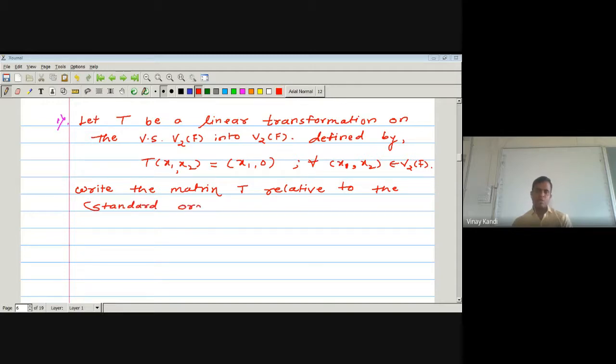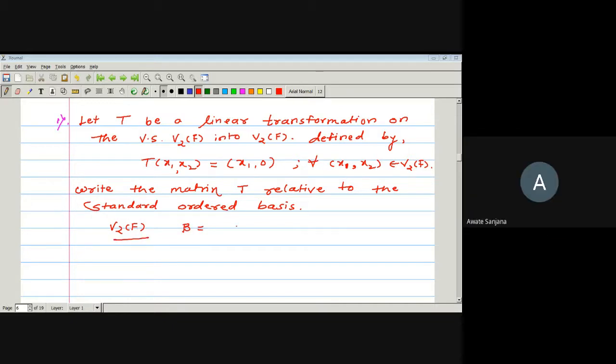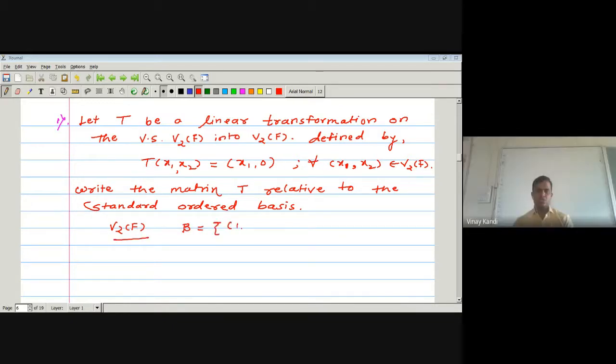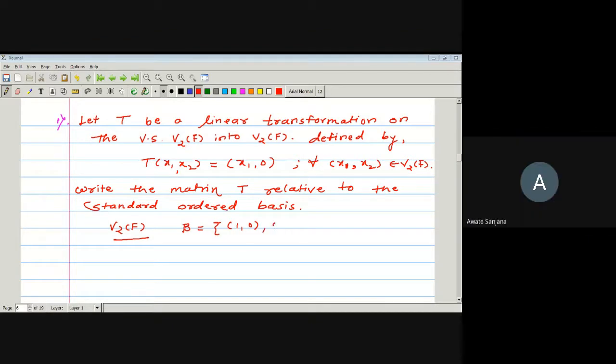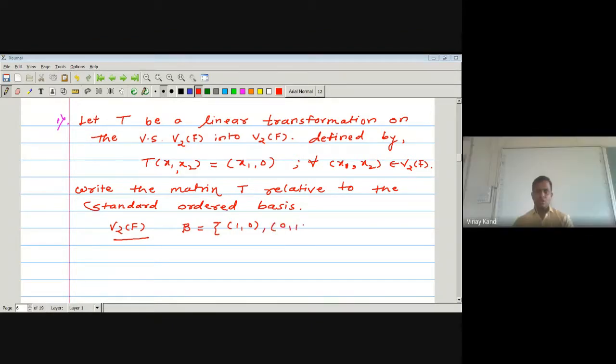What is the standard ordered basis for V2 over F, for the domain and codomain? The basis here is beta: (1, 0) and (0, 1), and beta star or B1.